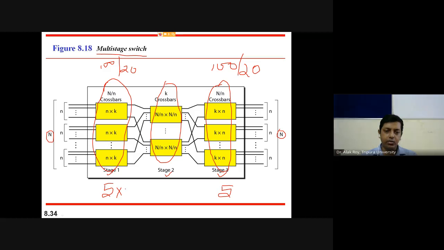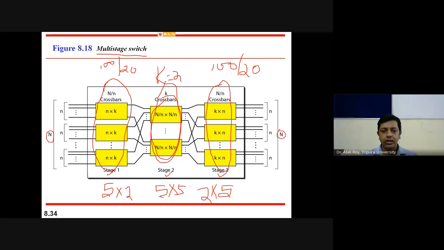If you are selecting k as 2, it means there will be 2 intermediate switches. So it can be 5 cross 2. That's why on the opposite side it will be 2 cross 5. And here your input will be N divided by n, means 5 cross 5.